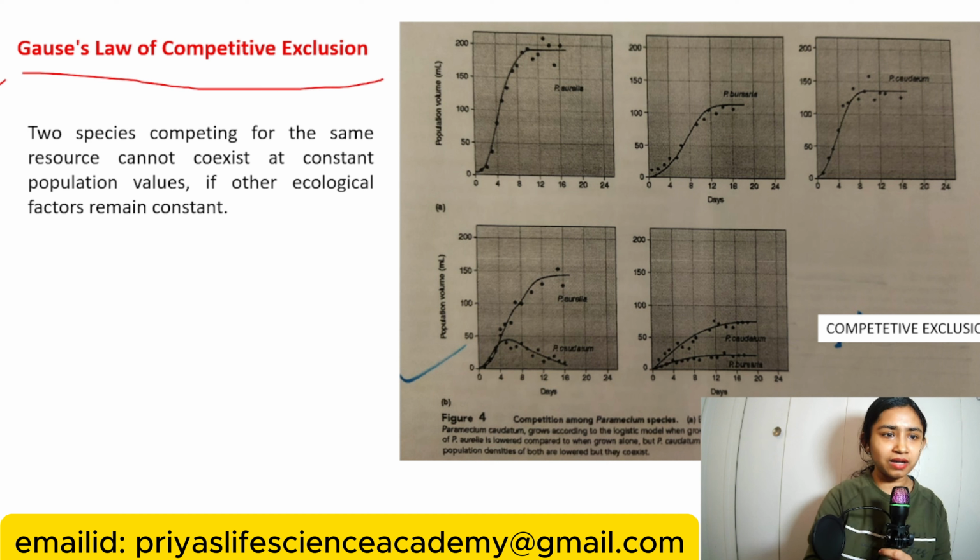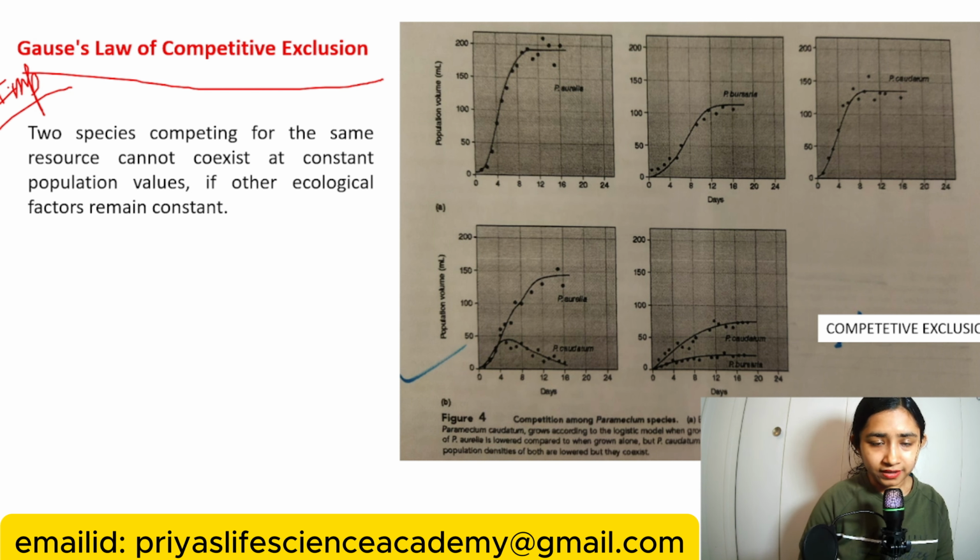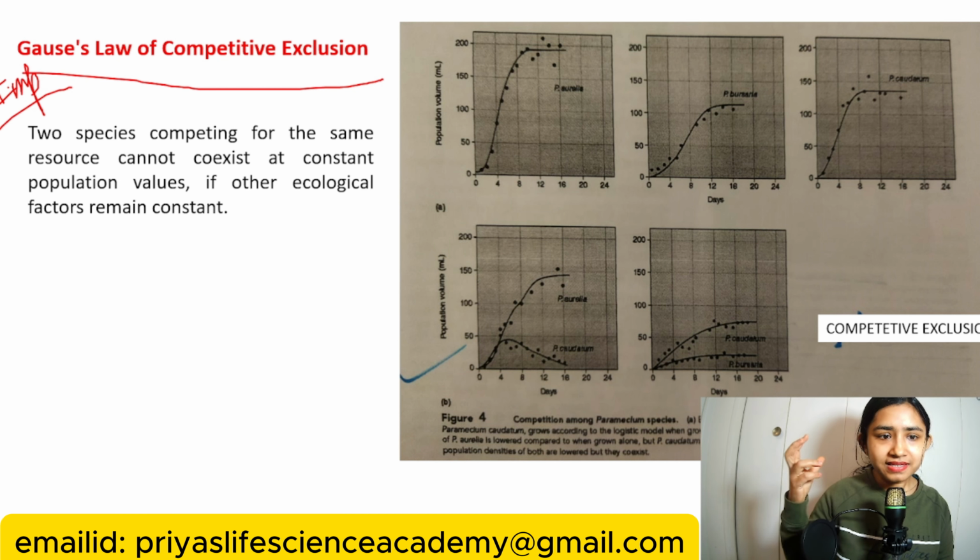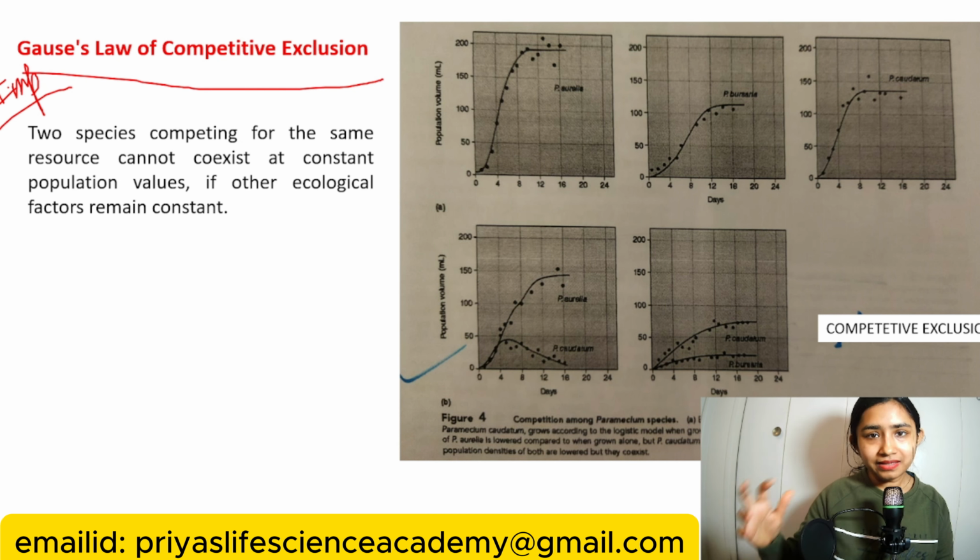Please write it down in your copy that this part is so important for all of the competitive exams. According to Gause, it is acknowledged that two species, when they have the same ecological niche, cannot live together in the same ecological system. And this is the principle of reciprocal exclusion, which is linked to competition.